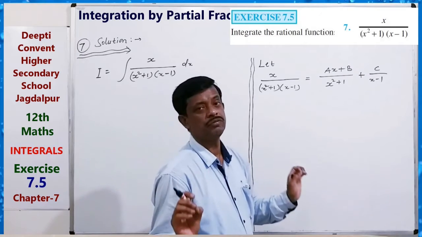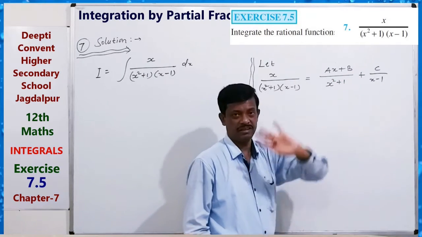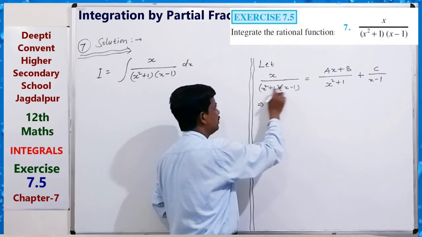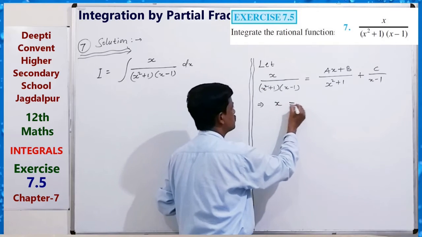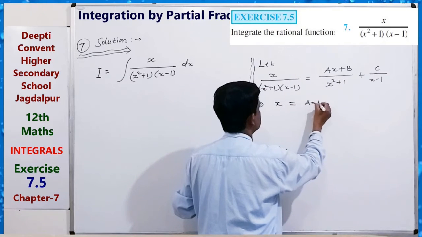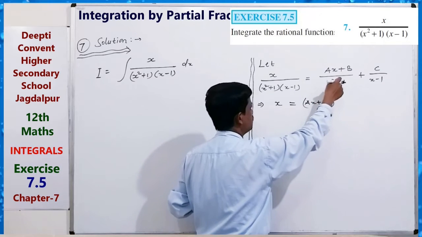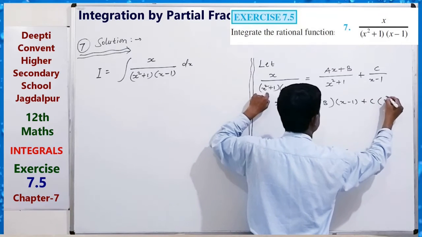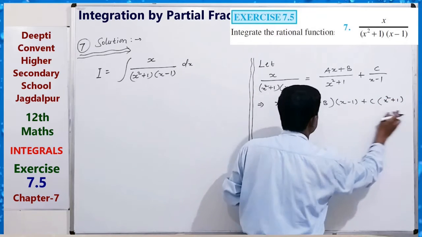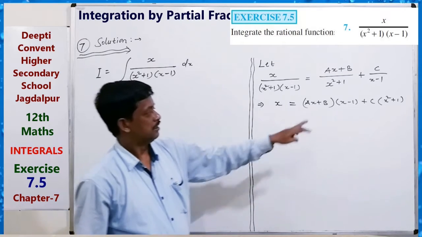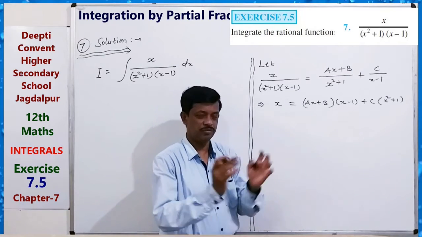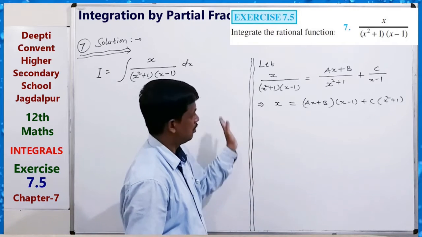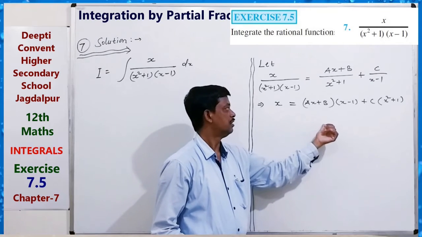Now we have to find the values of a, b, c. The same method applies here also. Multiply both sides by the denominator, so we get x equals ax plus b into x minus 1, plus c into x square plus 1. Since the right hand side has a second degree polynomial, for finding a, b, c we can either put x equal to something.